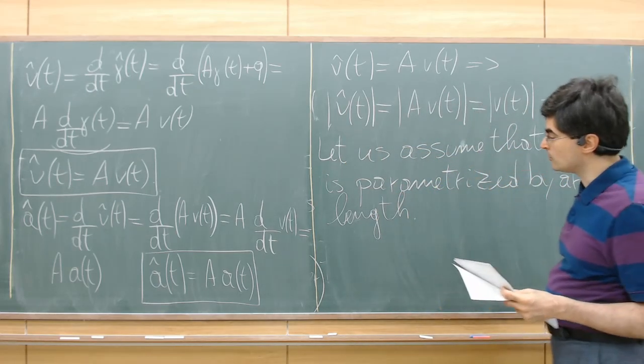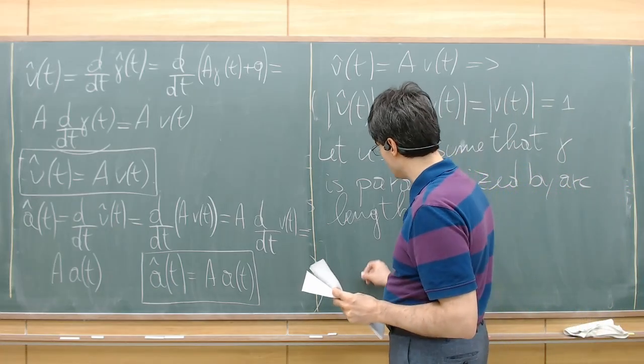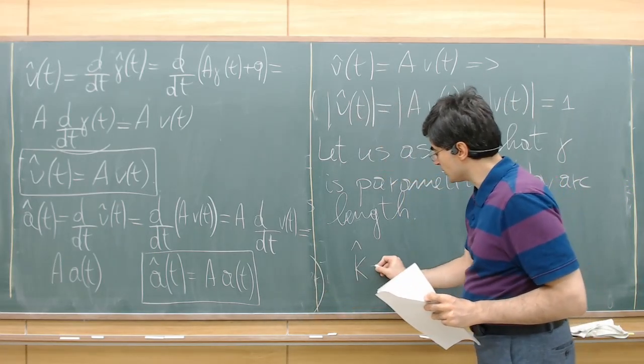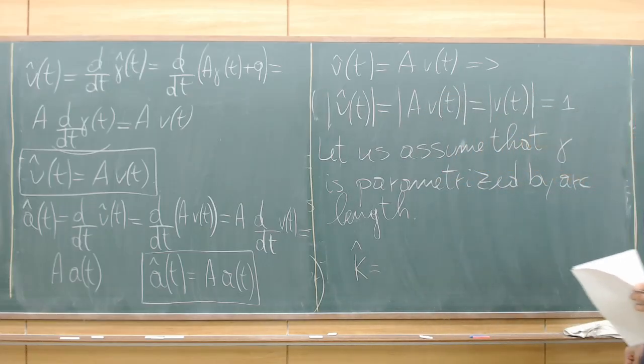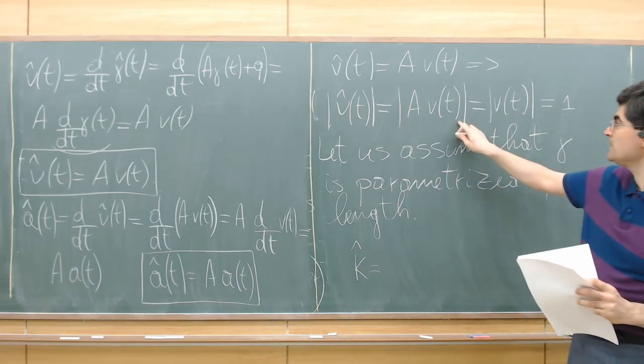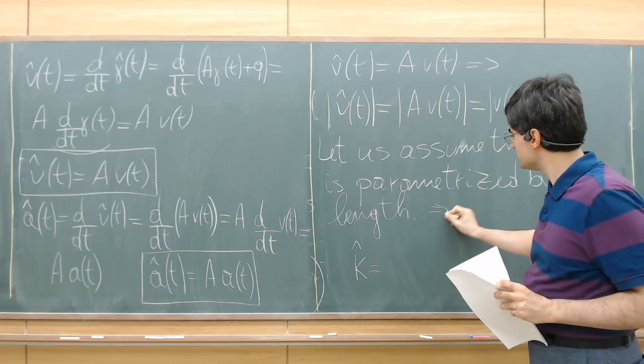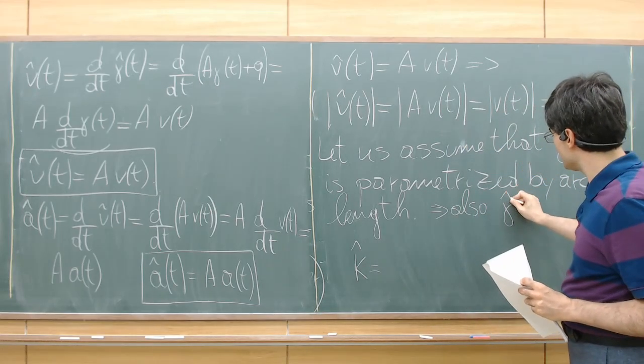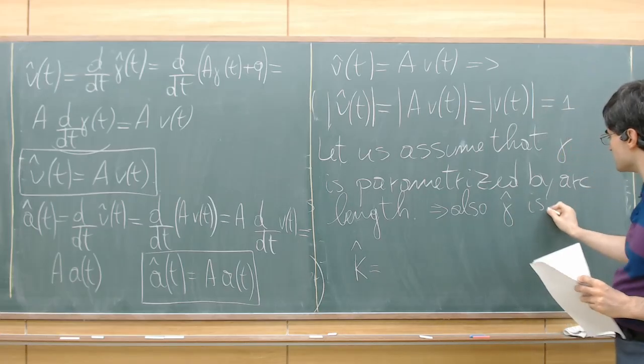What is now the curvature of gamma hat, k hat? Since we are assuming that gamma is parameterized by arc length, here we prove that also gamma hat is.